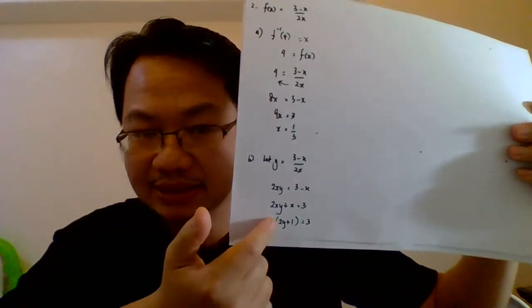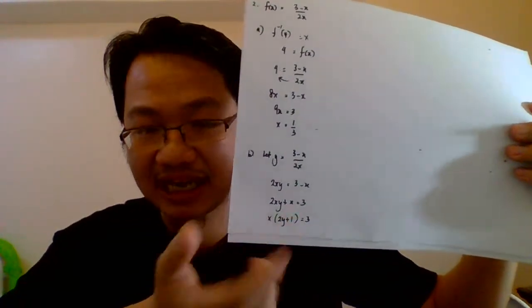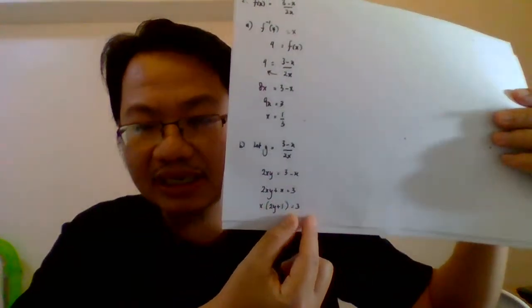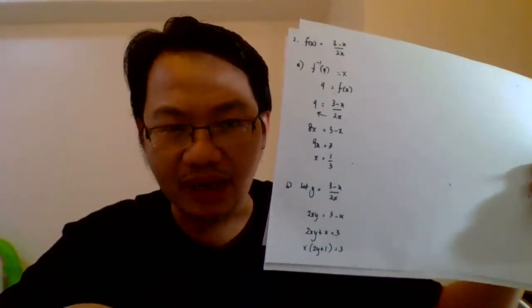Now I want to find X, so this bracket and X are multiplied. So this whole bracket, if we move to the right side, it will become divide, it will become over. So now your X will equal 3 over 2Y plus 1.